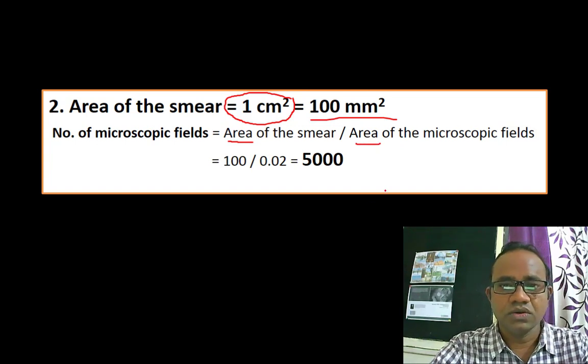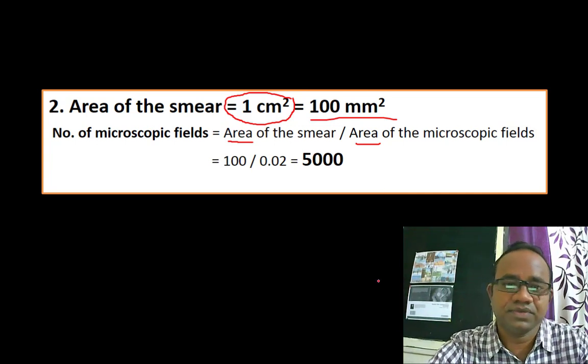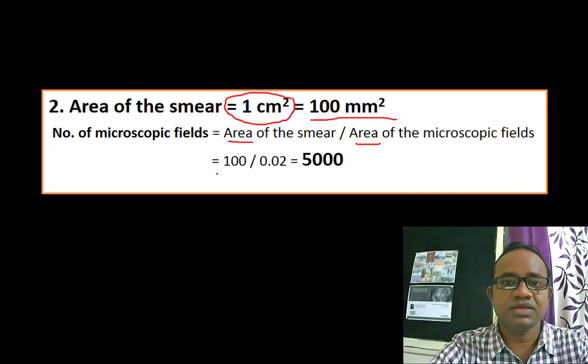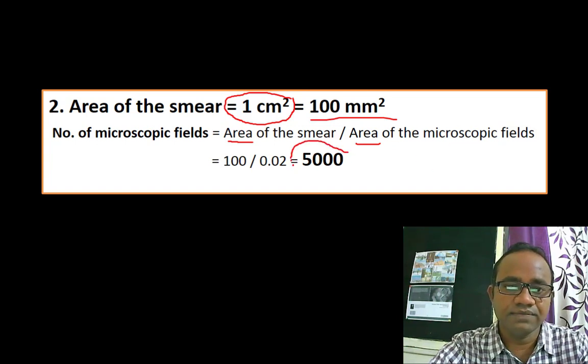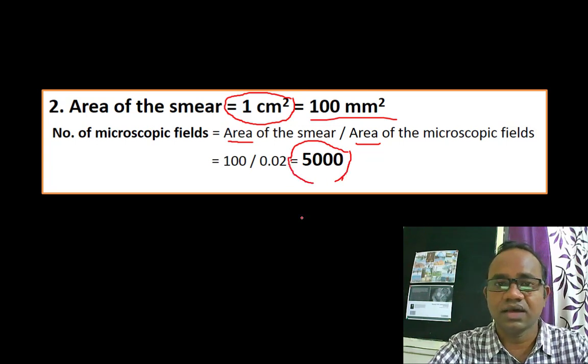The area of the smear is 100 as we have converted into millimeter square, and 0.02 is the area of the microscopic field. So in total there are 5000 microscopic fields present on a single glass slide.